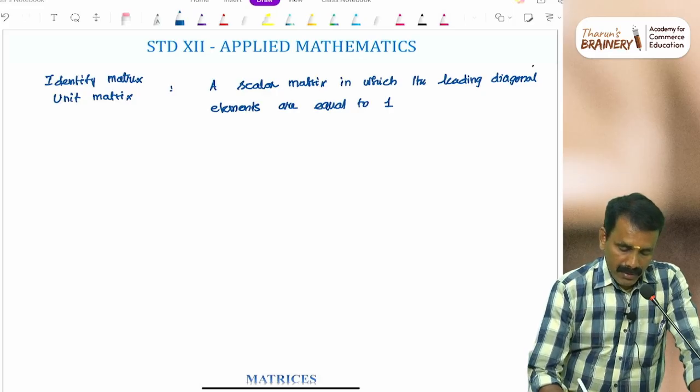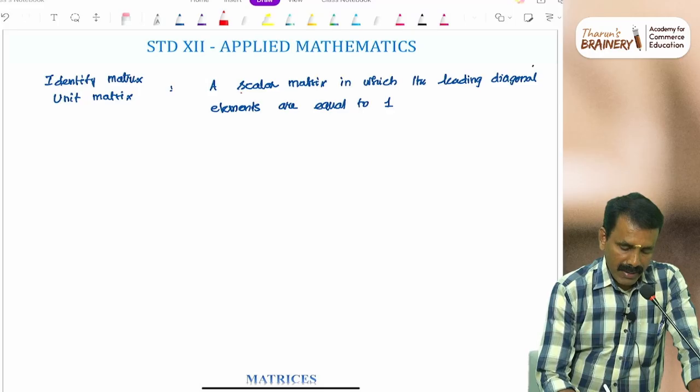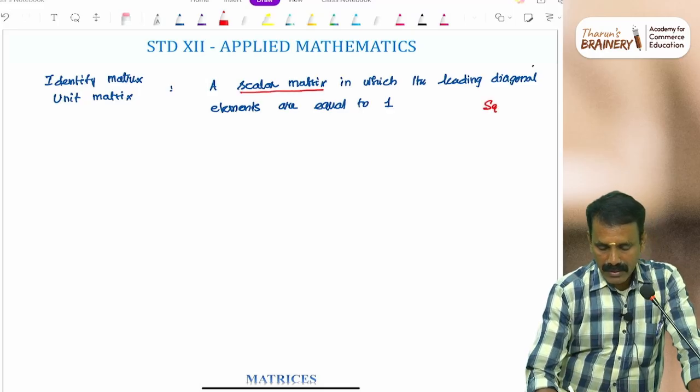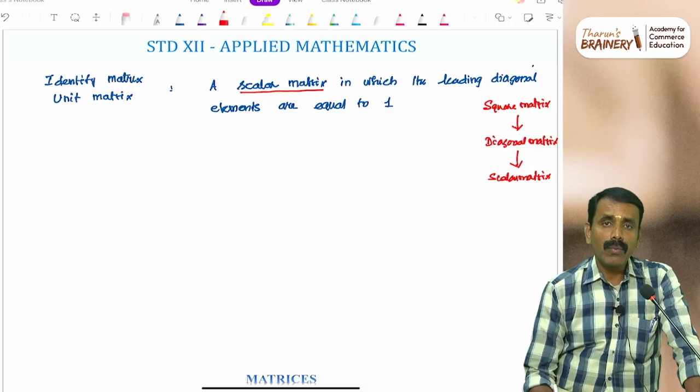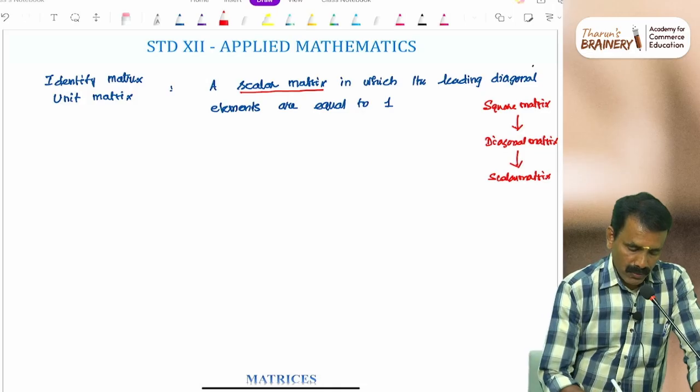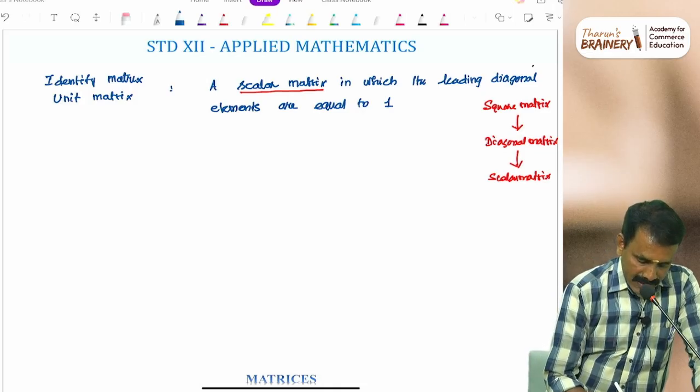Okay. So, first of all, it should be a square matrix, then it should be a diagonal matrix, then it should be a scalar matrix, and in the scalar matrix, if the leading diagonal elements are equal to 1, then it is called an identity matrix. So, we write identity matrix as I suffixed with the order.